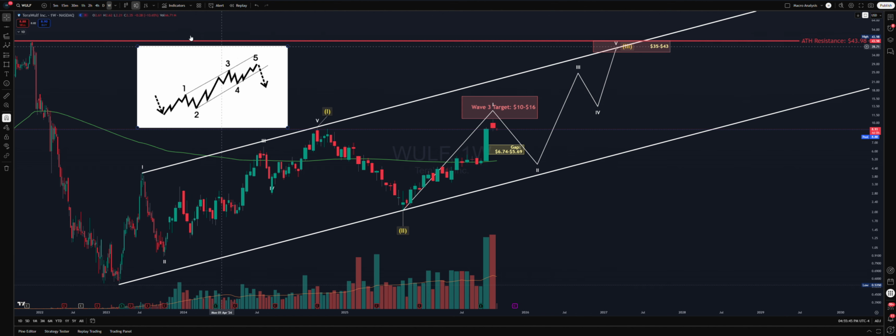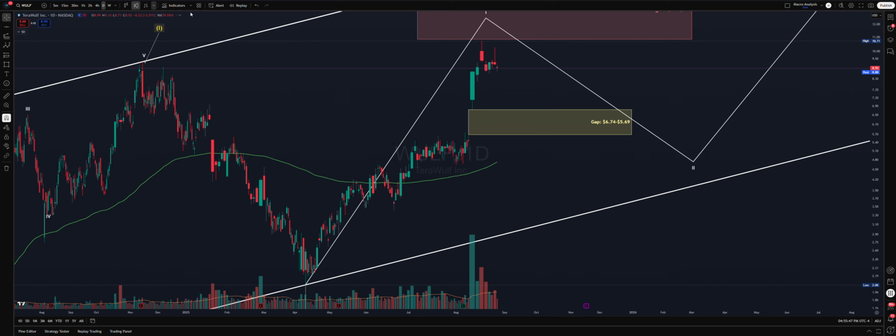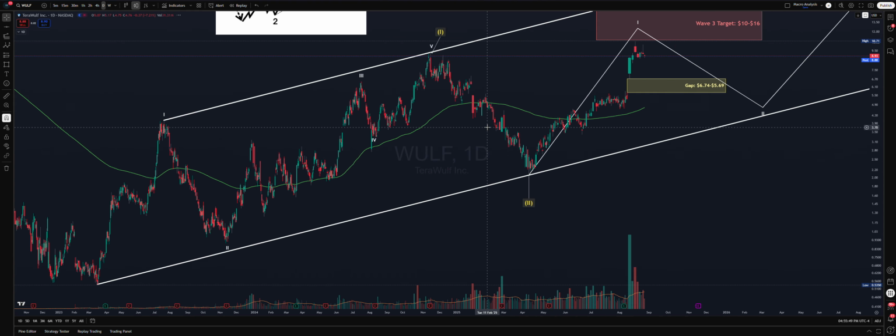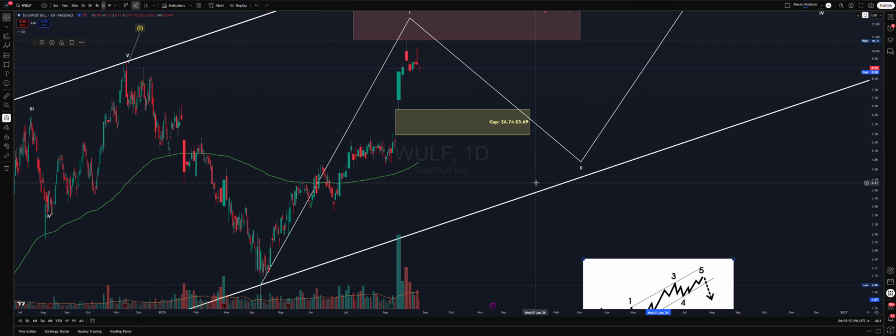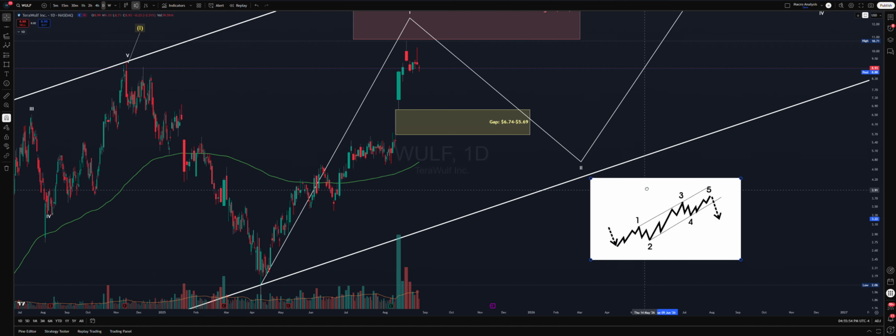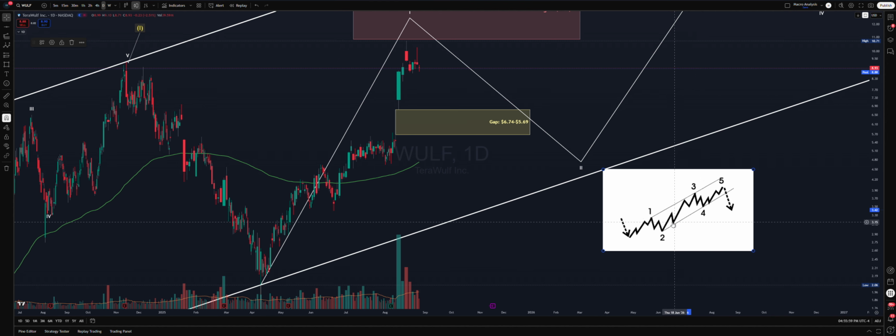So we're going to expect, let me just move down to the daily time frame for you. Again, within this structure, we have completed a wave 1 over here, or attempting to complete a wave 1. You can say this is wave 1, 2, 3.